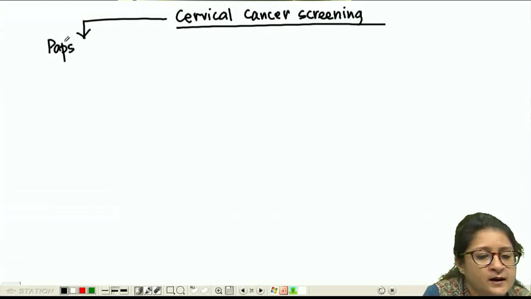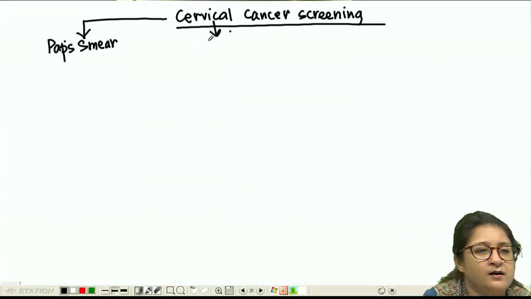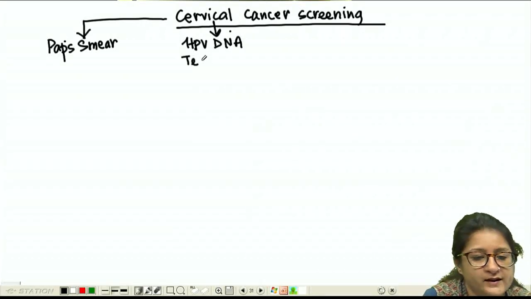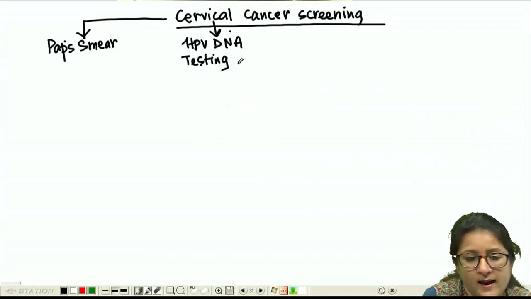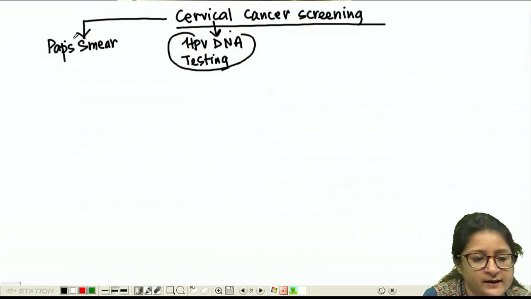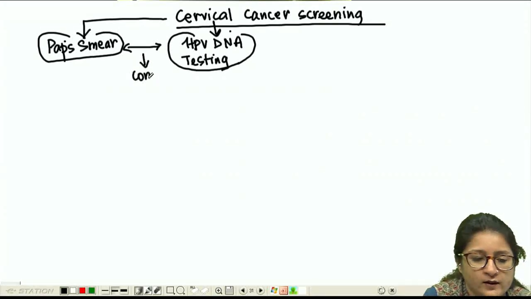Traditionally, for years we have had the pap smear. Now we have HPV DNA testing, and we use it in combination with the pap smear, and then we call it a co-test. So when we combine HPV DNA testing with pap smear, we call it co-testing, right.